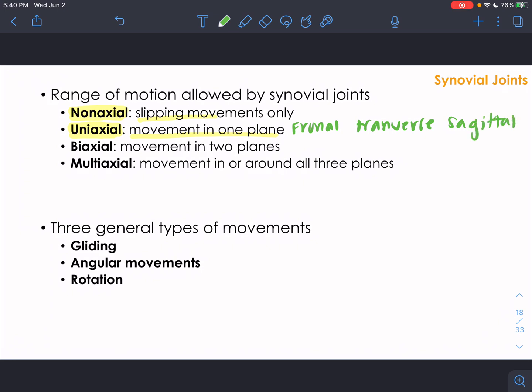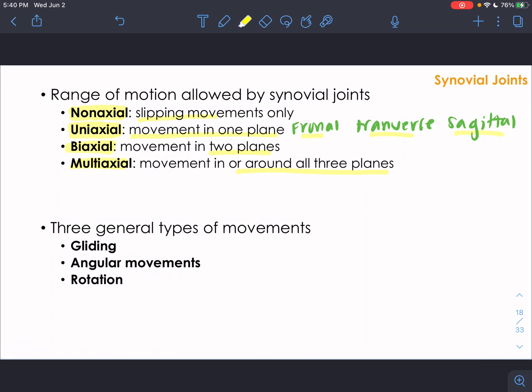Only moving in one of those planes would be a uniaxial movement. Biaxial is movement in 2 planes. So if you move in a frontal and transverse at the same time, that would be biaxial. And multiaxial is movement around all 3 of the planes.